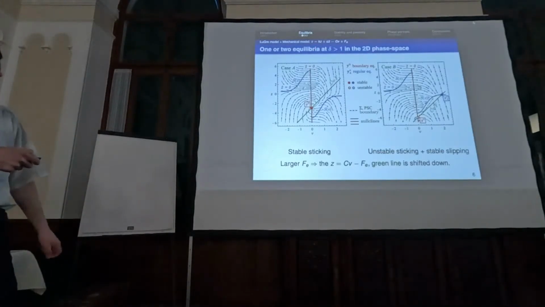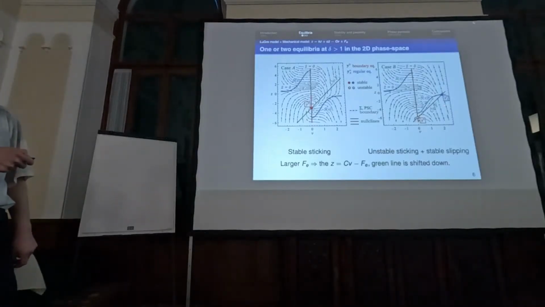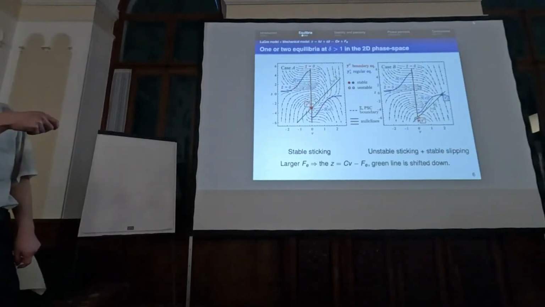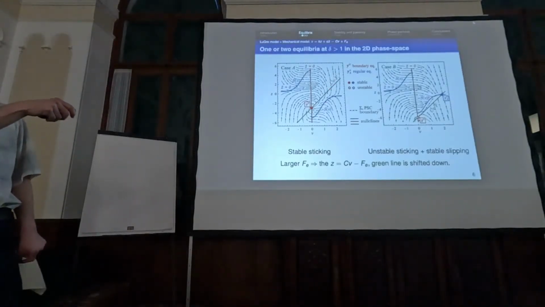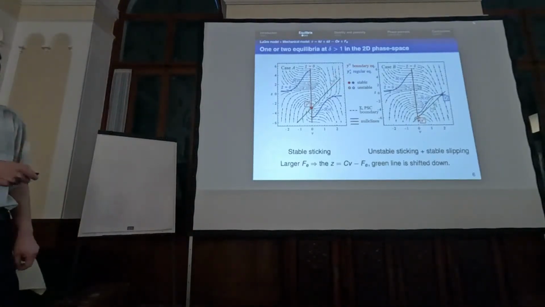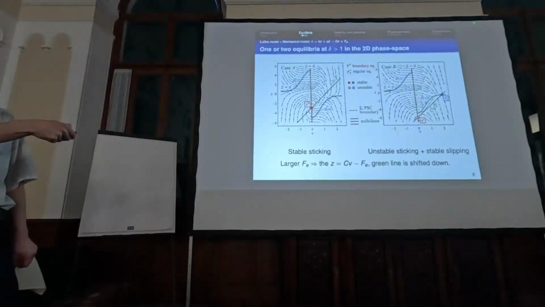This is shown here. So these are phase portraits. We have 2 state variables, the velocity and the deformation of the bristle. The blue curves show the Stribeck characteristic, and the green line is the line that corresponds to the viscous damping and the external force. If the external force is small, then we obtain one equilibrium here at 0 velocity.